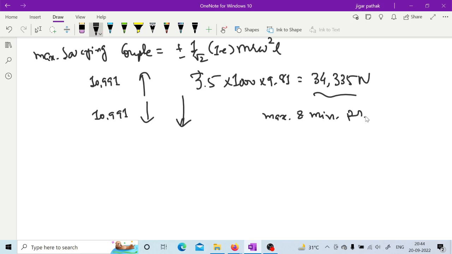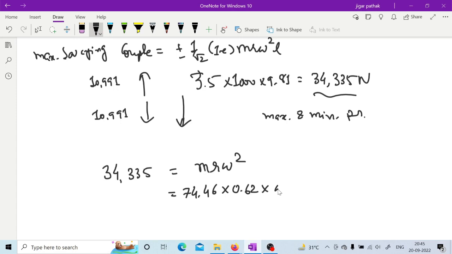One more thing they have asked is at which speed the wheel will start to lift. That will be when exactly this hammer blow is equal to 34,335 Newton, which is equal to the weight of this locomotive. So 34,335 Newton will be equal to m r omega square, where m, which we have normalized, is 74.46, r is 0.62 given, and omega you have to calculate.